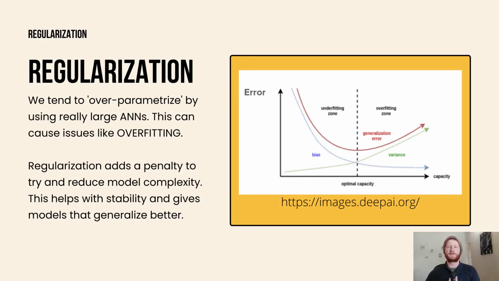And to do this, we use various penalties and other techniques grouped into this topic of regularization to try and reduce the model complexity, reduce dependence on any one dimension of the input, and so on. And so in practice, this just means that the networks train more smoothly and tend to give us more generalizable results.